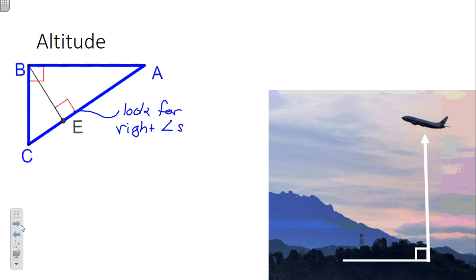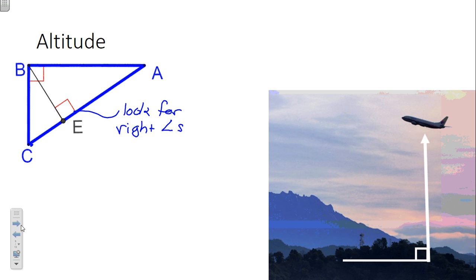So we look for right angles, and then this one happens to have two altitudes, doesn't it? From C to B is one right angle, or from A to BC is another right angle. This one has 3 altitudes here, but not all of them will. Only because it's a right triangle.